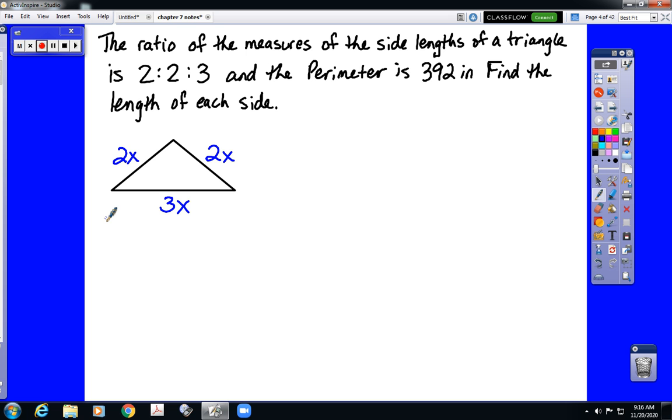Now, once we have information about the three side lengths, if we add those three side lengths together, they don't add up to 180 because when you add side lengths, that is the perimeter.